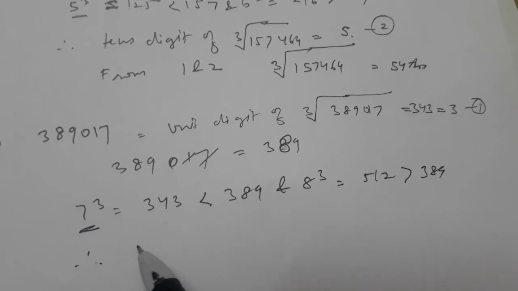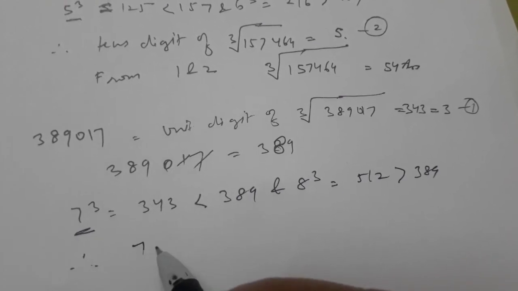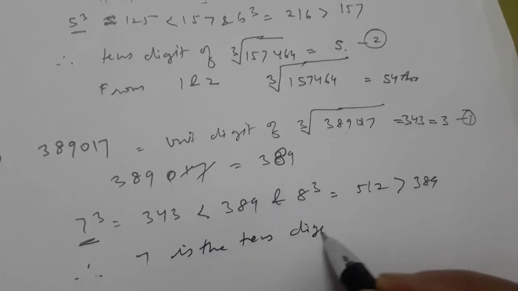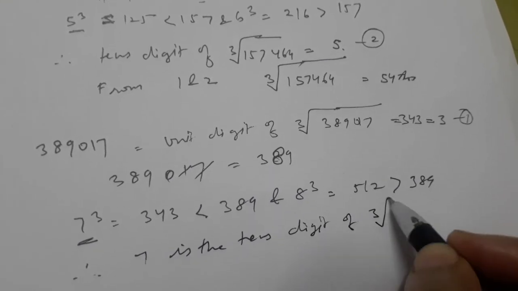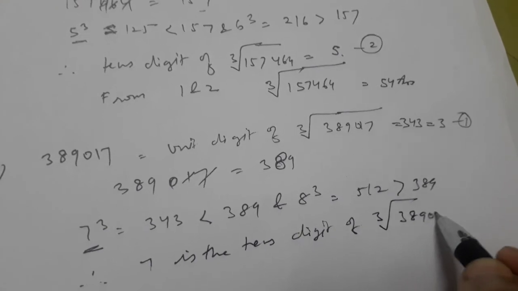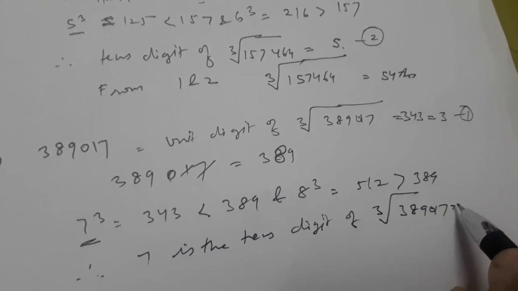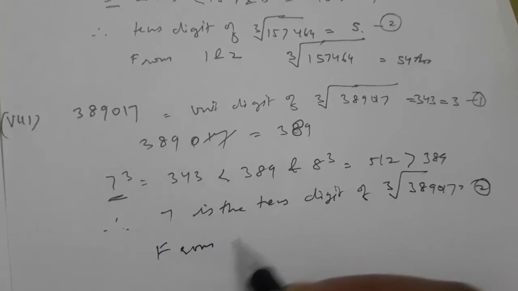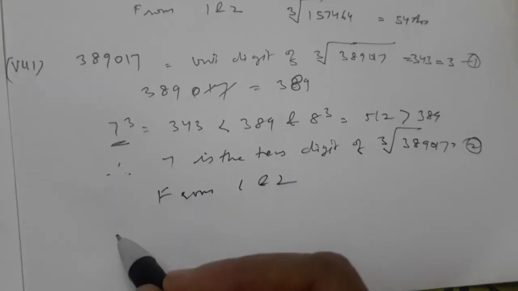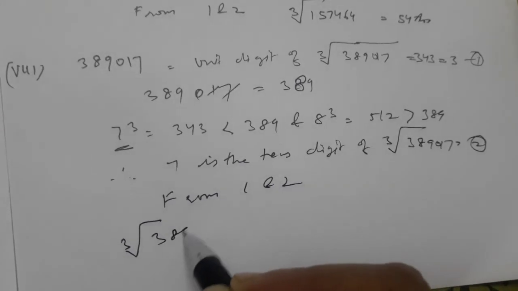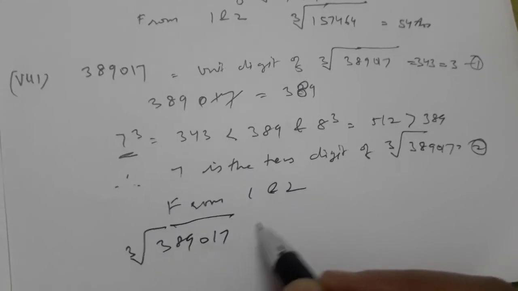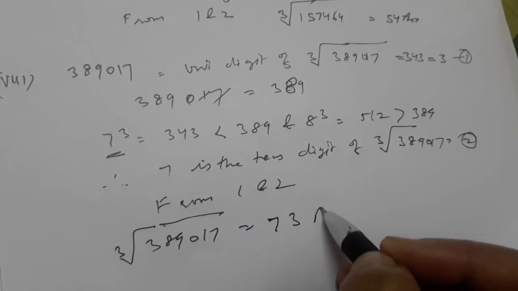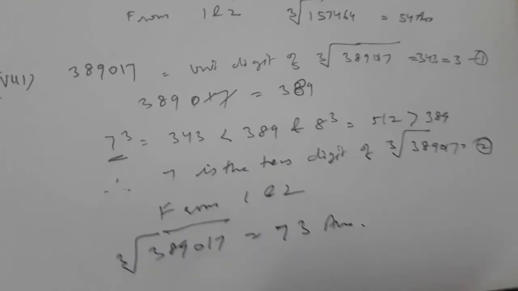Therefore 7 is the tens digit of the cube root of 3,89,017. It will become our second statement. So from 1 and 2, the cube root of 3,89,017 would be 73, which is our answer.